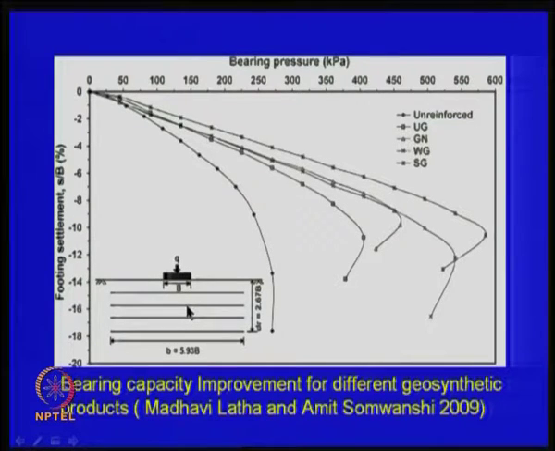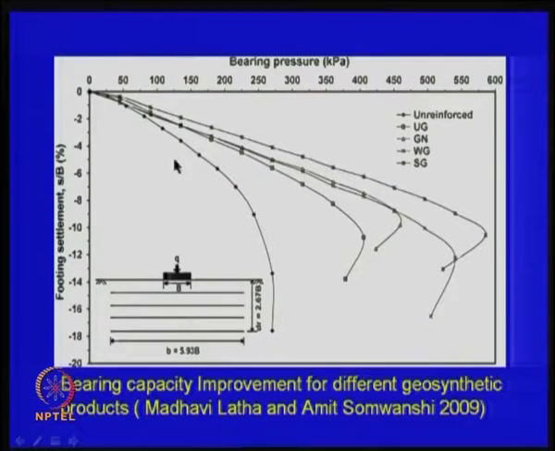In fact, in our institute also we have done a lot of work. This is a typical result. We also published a number of papers along these lines from the Indian Institute of Science, where we can clearly show that bearing capacity improvement is possible by using some sort of reinforcement like this.